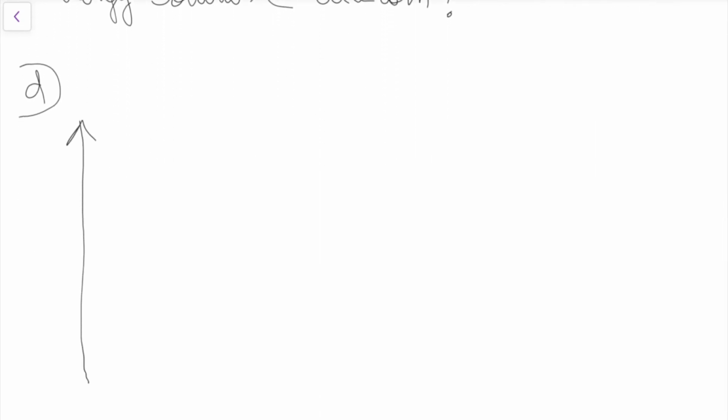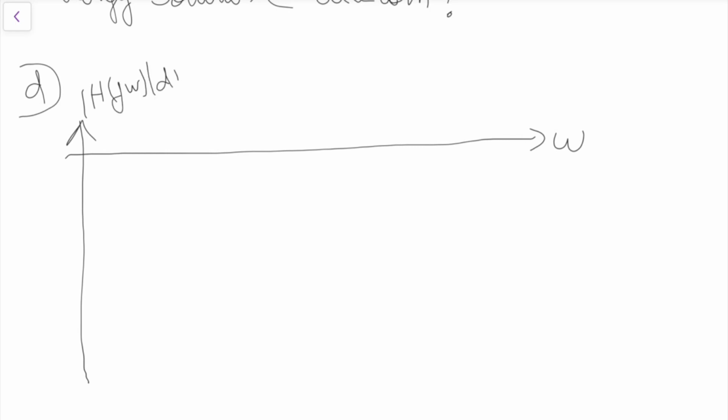Okay, so for the magnitude, we have this one here. So this is frequency. This is magnitude of H of j omega in dB. Okay, for the Bode plot. So 10 to the 0, and we have 10 to the 1, 10 to the 2, 10 to the 3, 10 to the 4, 10 to the 5 radians per second.